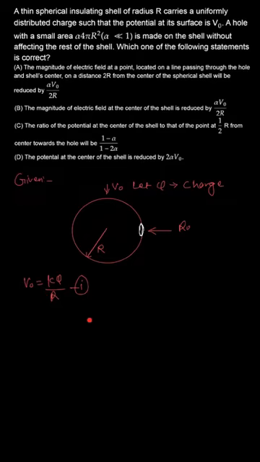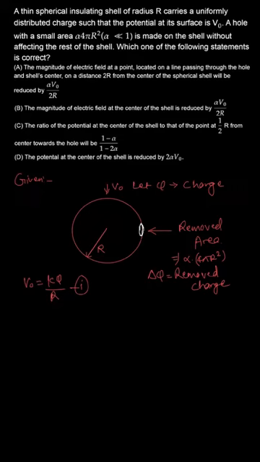Now suppose this white patch is the small area that is equal to alpha times 4 pi r squared, and alpha is very small, so this area is very small, and this small area is now removed. This is the removed area, alpha times 4 pi r squared.